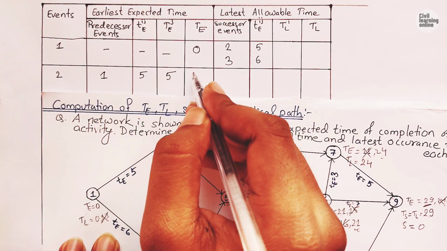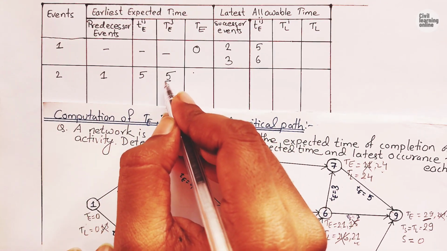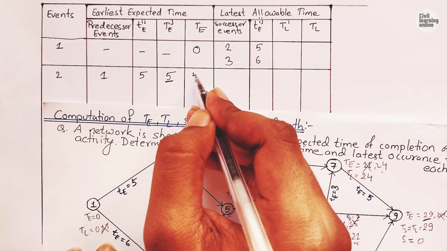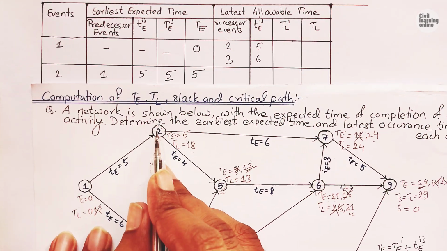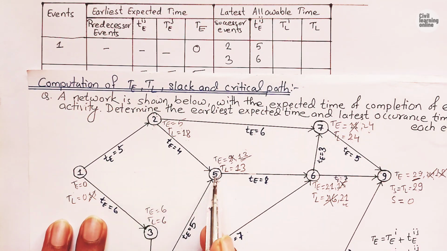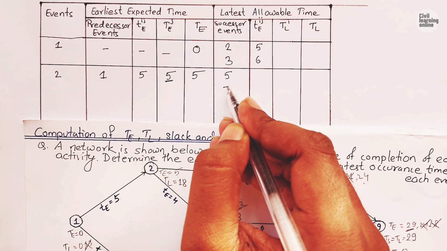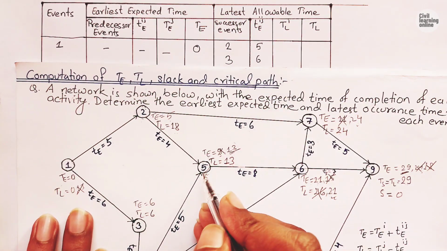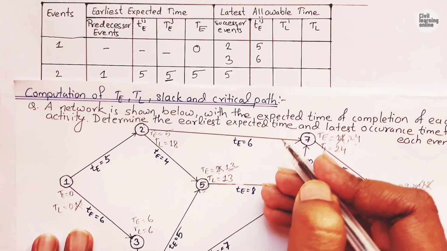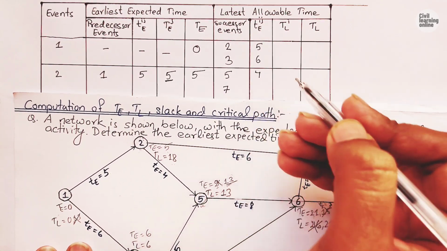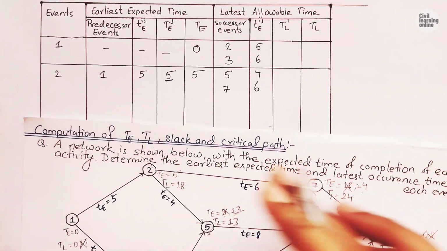There are no extra predecessors, so this is the maximum value, and TE equals 5. The successors of event 2 are 5 and 7, and the durations are 4 and 6 respectively. Now draw a line here.